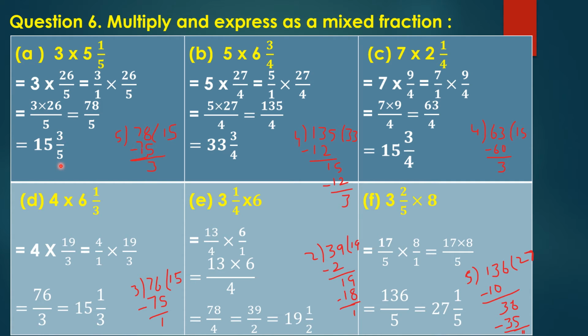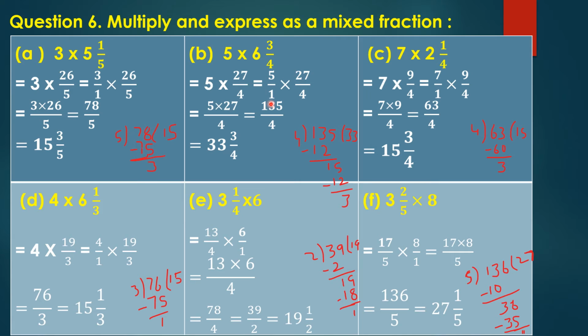Therefore 78 by 5. So we can use the division method to get the mixed fraction, that is 15 3 by 5. Next, 5 into 6, 3 by 4. Now you tell me, what is the first step?